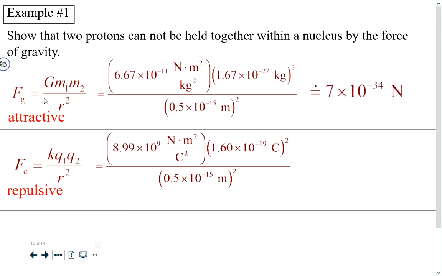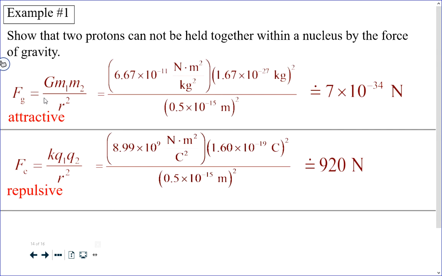And what we get for the force of gravity is a very small force, approximately 7 times 10 to the negative 34. So gravity is pulling these two protons towards each other with that amount of force. The electric force, when we calculate it, is a whopping 902 newtons.